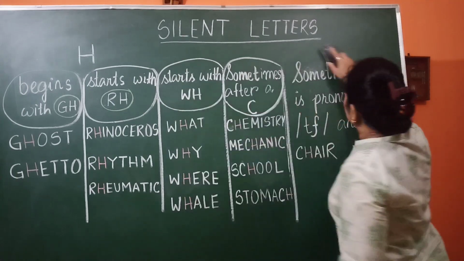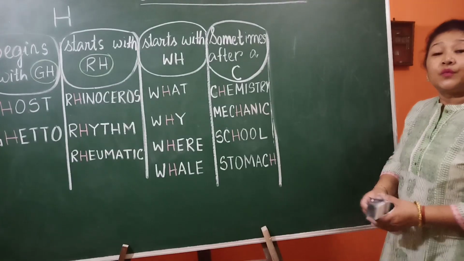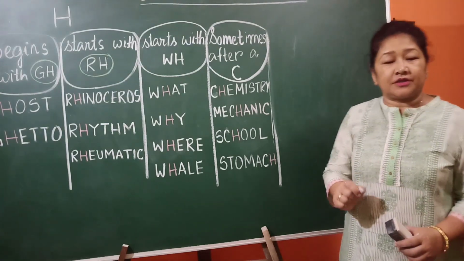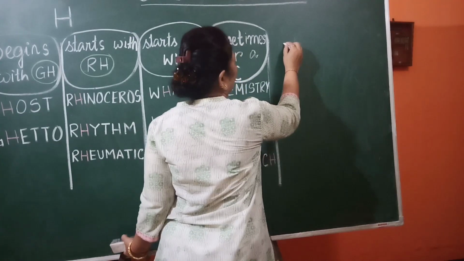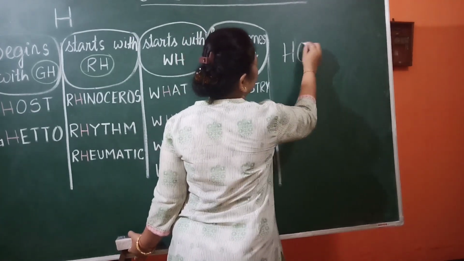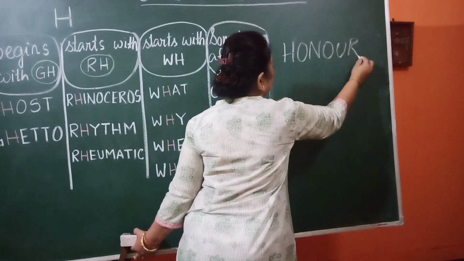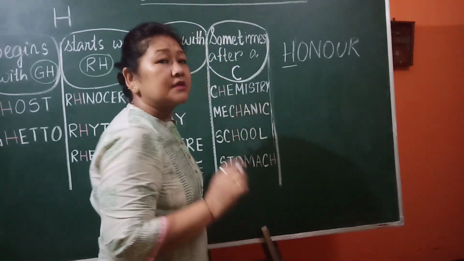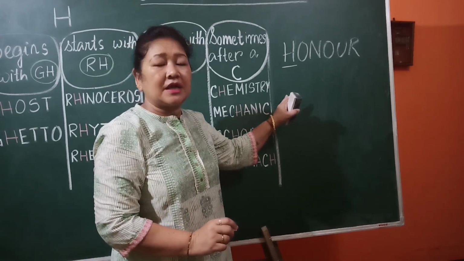There are also a few words that start with a silent H. For example, honor. Here the H is silent. We don't say "honor" with a sounded H, but we pronounce it as "onor".